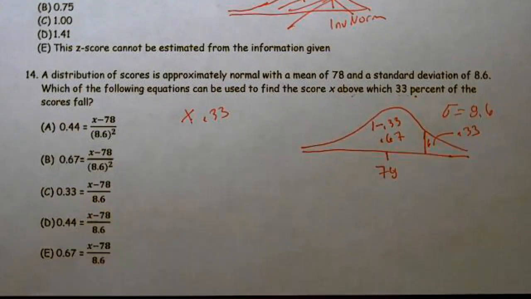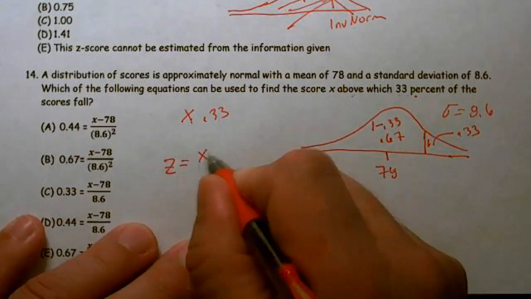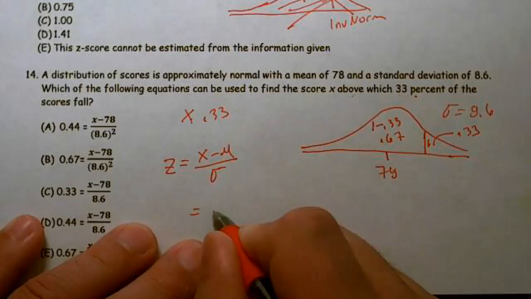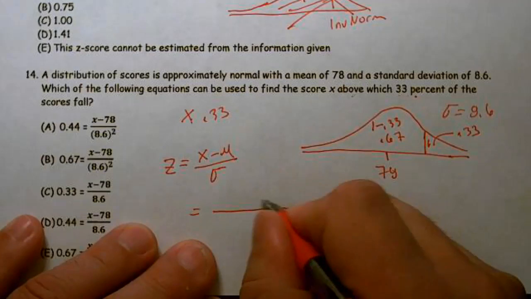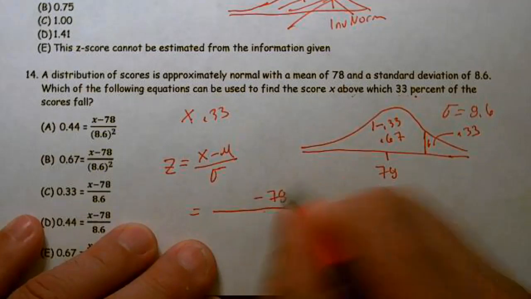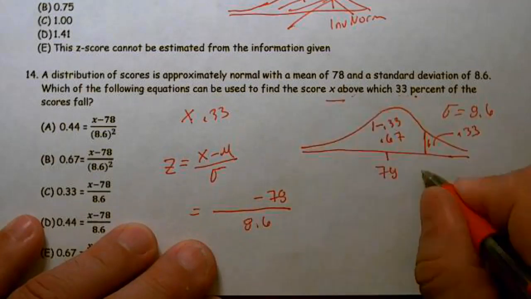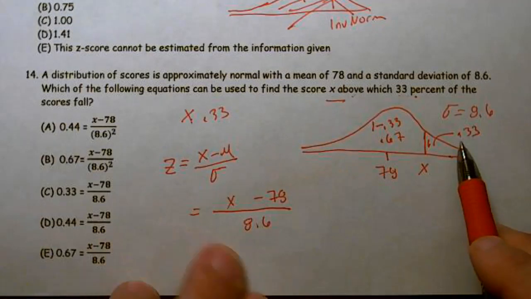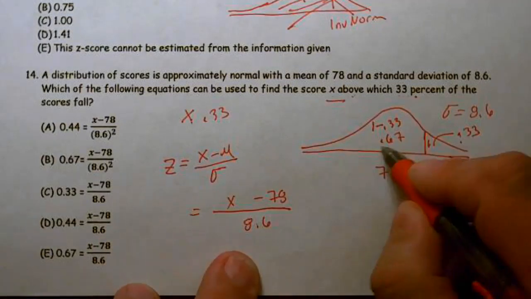All right, and we're plugging in z equals x minus mu over sigma. So we're going to plug in what we know. And what we know is the mean. We know the standard deviation is 8.6. We're looking for x. But they say 33%, but remember, we're having to work left to right, so it's going to be the 0.67.